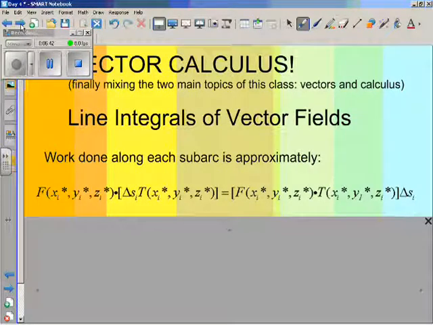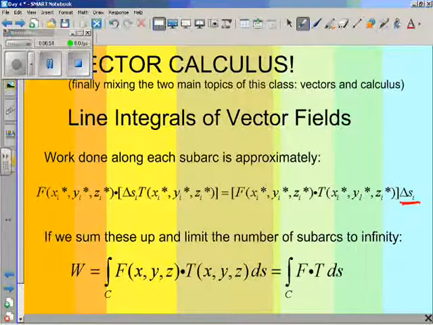We get this length element here, because we're breaking it into little delta s's, but we just have a dot product of the force vector and the tangent vector. When we take the limit and sum them all up, we get what we call a line integral through a force field.